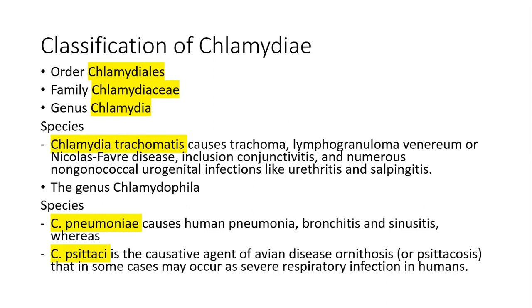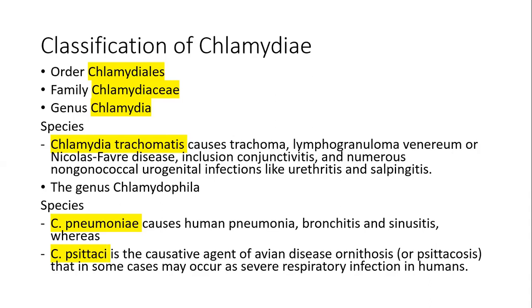They belong to order Chlamydiales, family Chlamydiaceae, and genus Chlamydia. The main pathogenic species is Chlamydia trachomatis, which causes trachoma. Trachoma is a conjunctivitis. It also causes lymphogranuloma venereum or Nicolas-Favre disease, inclusion conjunctivitis, and numerous non-gonococcal urogenital infections like urethritis and salpingitis.